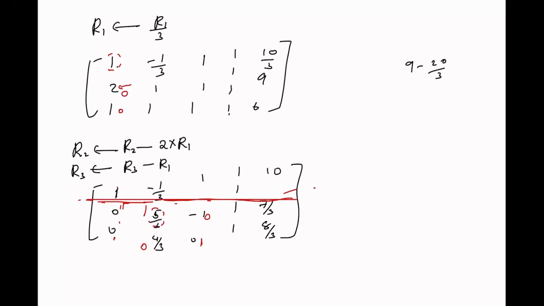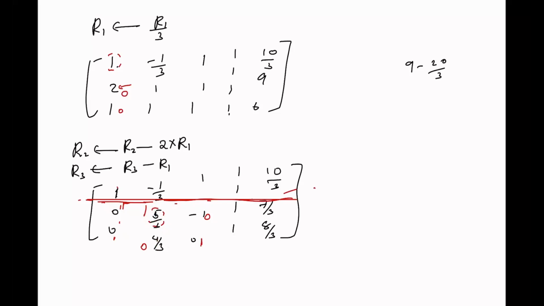Then you only consider this part, because these are zeros, so nothing much happens. To make this one, you divide this row by this number, and you get this 1, and you perform another operation to make this entry 0. Then you end up with the Gaussian elimination method.